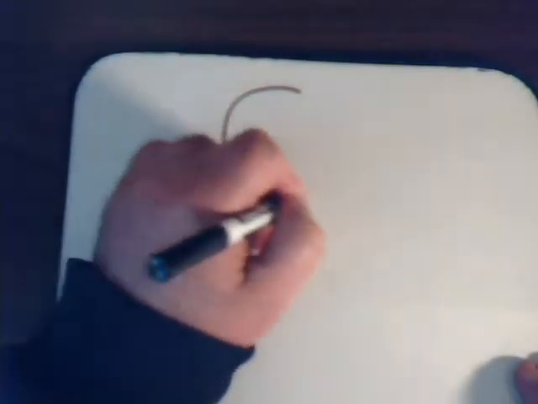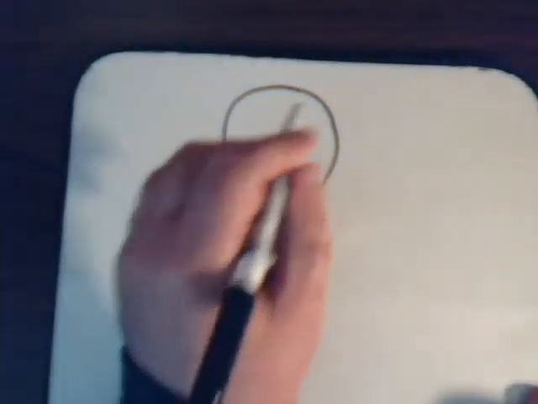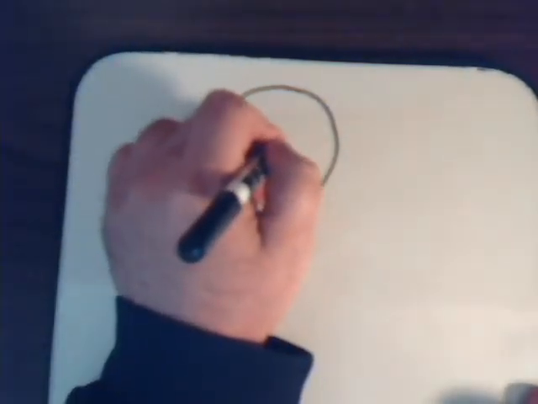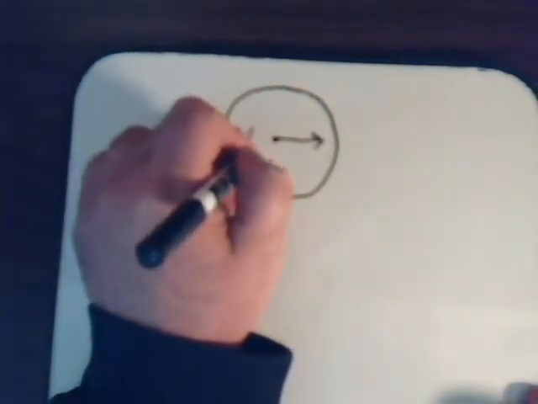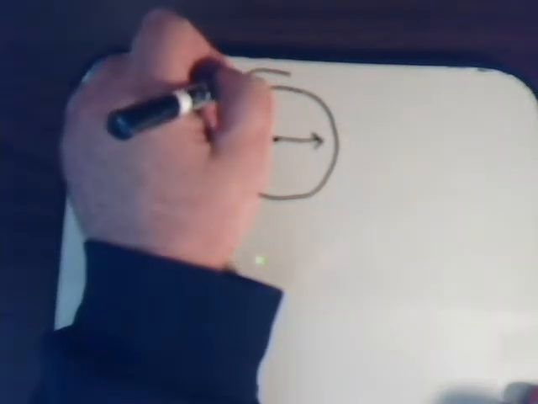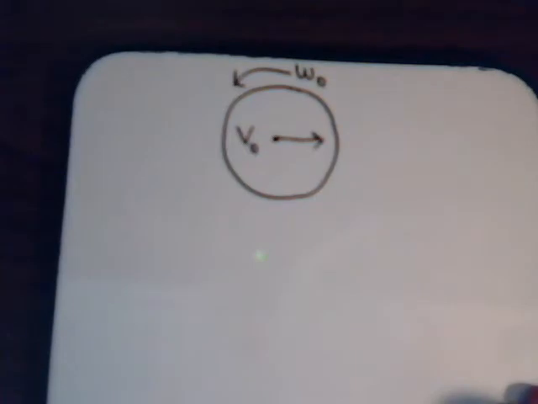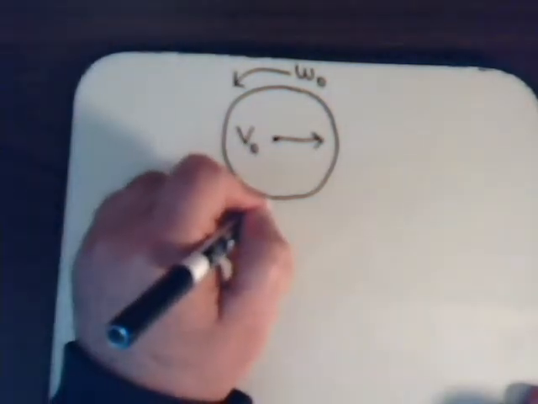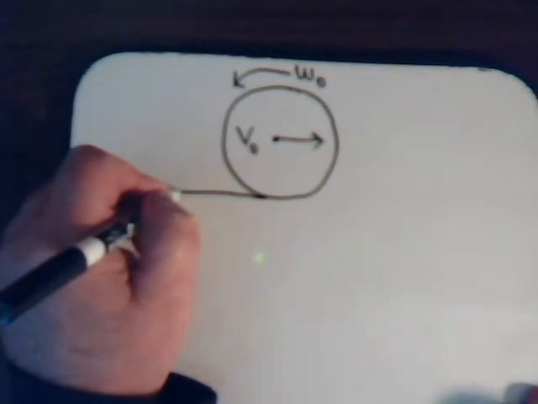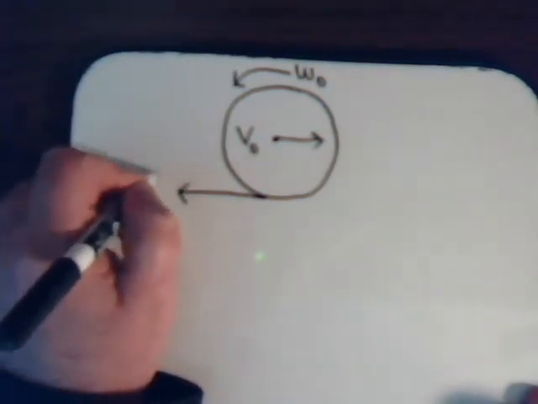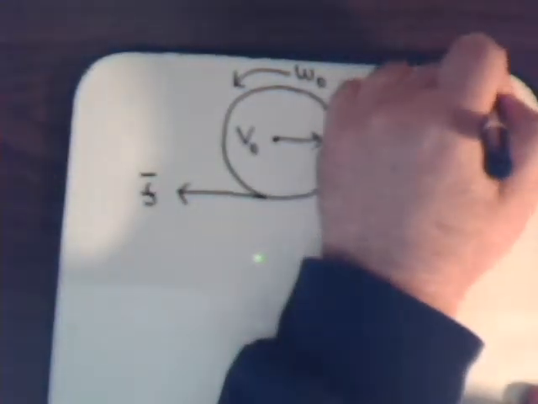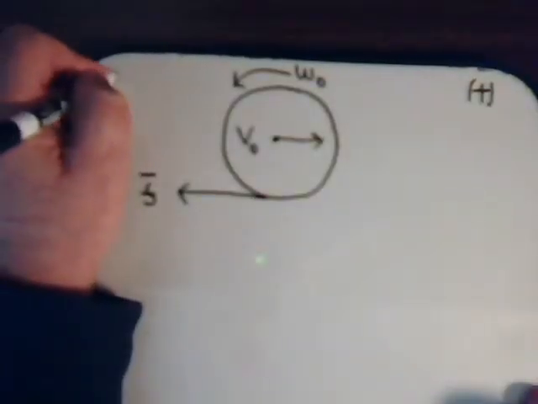The ball is here, and it has an initial velocity v0, an initial angular velocity omega naught. It's skidding across the surface, and there's a frictional force in this direction. This is positive. This direction is negative.